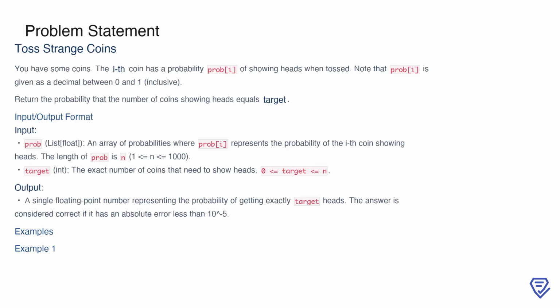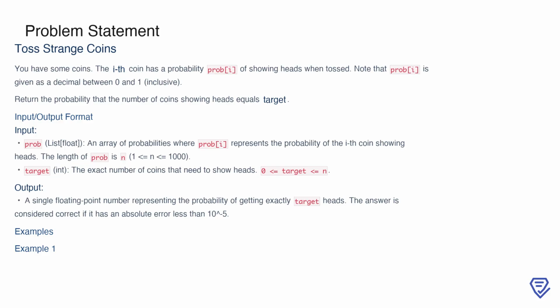In this problem, you are given a set of coins, each with its own unique probability of showing heads when tossed. These probabilities are represented as a list of decimal values, where each value lies between 0 and 1, inclusive. The task is to calculate the probability that, after tossing all the coins, the exact number of heads observed equals a given target value.